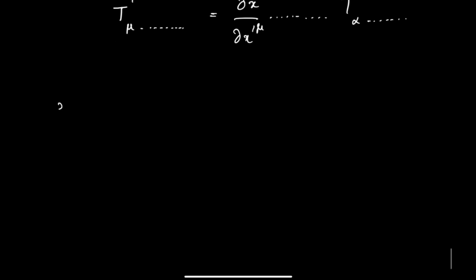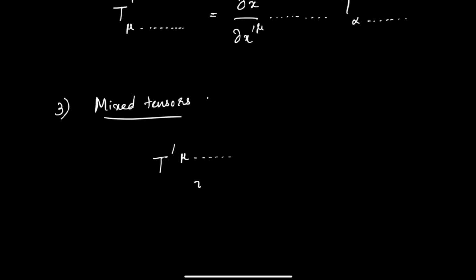And similarly for mixed tensors, I can write T prime mu and etc., similarly nu etc. Now that is transforming to T alpha and beta, partial derivative of x prime mu.